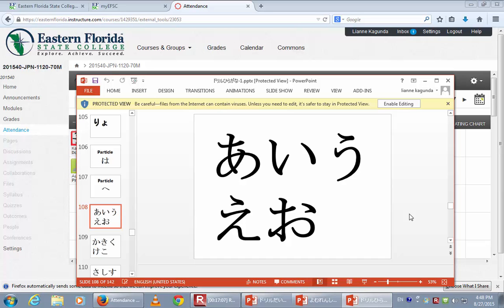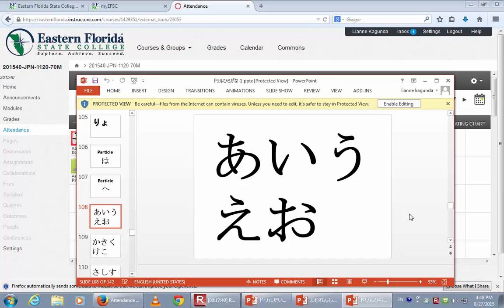Kyu. Okay, this one is watashi. I. And Japanese people point to their nose when they say I instead of pointing to the chest like we tend to do. Okay, so watashi, I. Nihon. Yes, Japan. Nihon is the word for Japan. Namae.